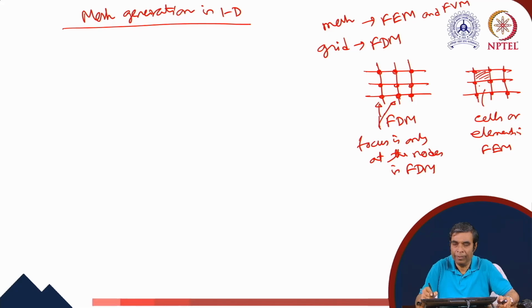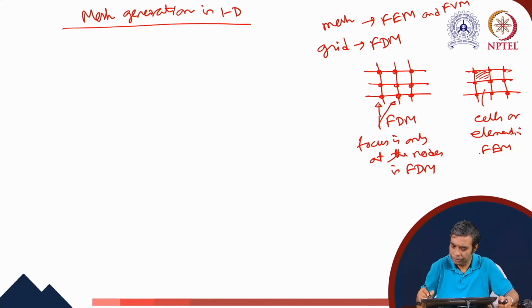It means that the space confined by the cell or the element is very important for the finite volume method or the finite element method. So when we use the word mesh in finite volume and finite element, we indicate that we are also emphasizing the importance of the space bounded by the nodal points and grid lines.